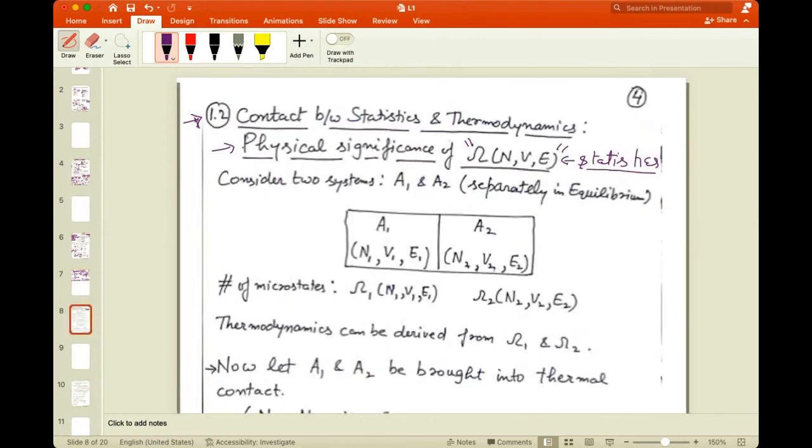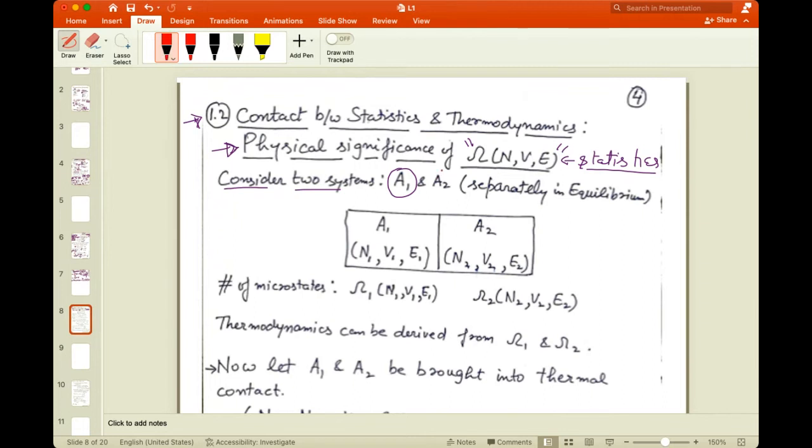Okay, so that's what we are going to see today with some examples, and we'll try to see how far we can go. Okay, so just to put the ideas forward, I am going to consider two different systems, a1 and a2. Let me take a different color because both look blue, so let me take red.